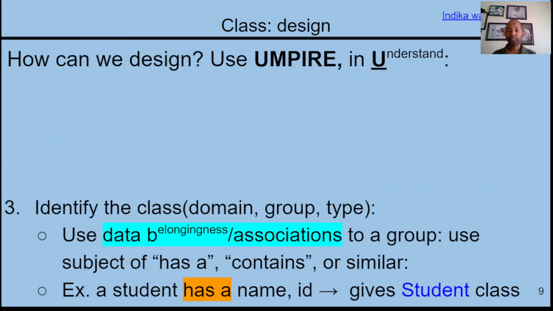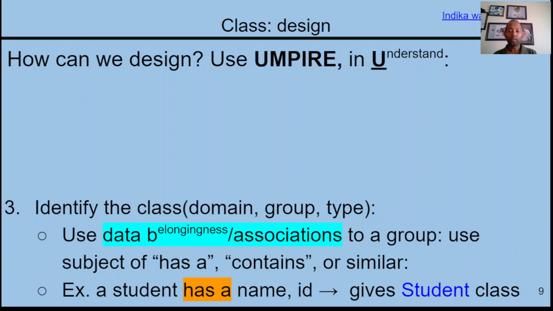So the next thing is to identify the class or the domain. Use data belongingness or associations to a group, and that group will probably be a class.